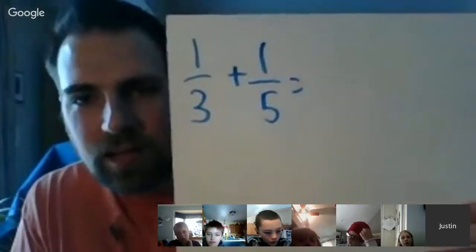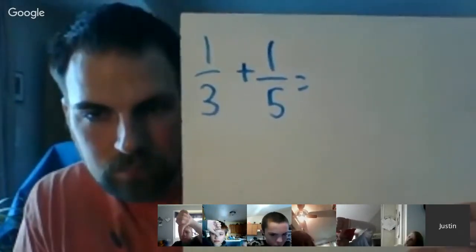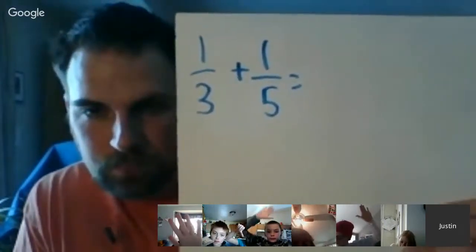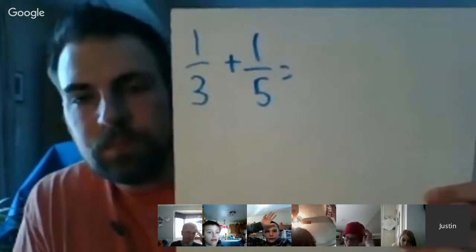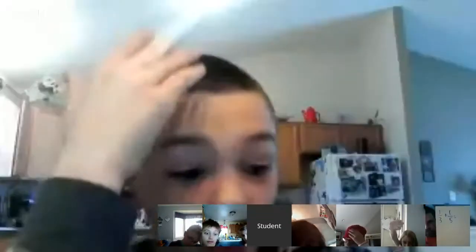So if we have 1/3 plus 1/5, like this, are we able to add these? Thumbs up or thumbs down? Why are we not able to add these? Let's go, Jay. Because the denominators are different. Right.